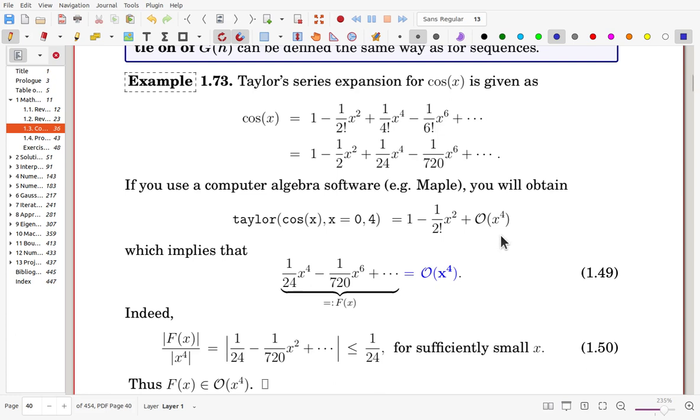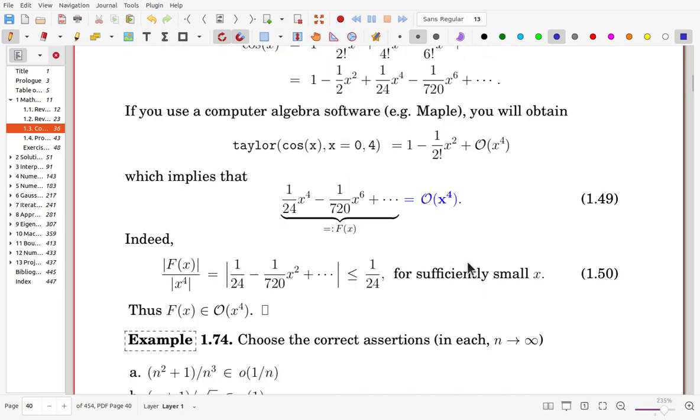Compared with the original Taylor expansion, we can see that this portion is considered as big O of x to the 4. Now, we'll check if this is really big O of x to the 4. If we define this as f of x, then f of x divided by x to the 4 gives this one.